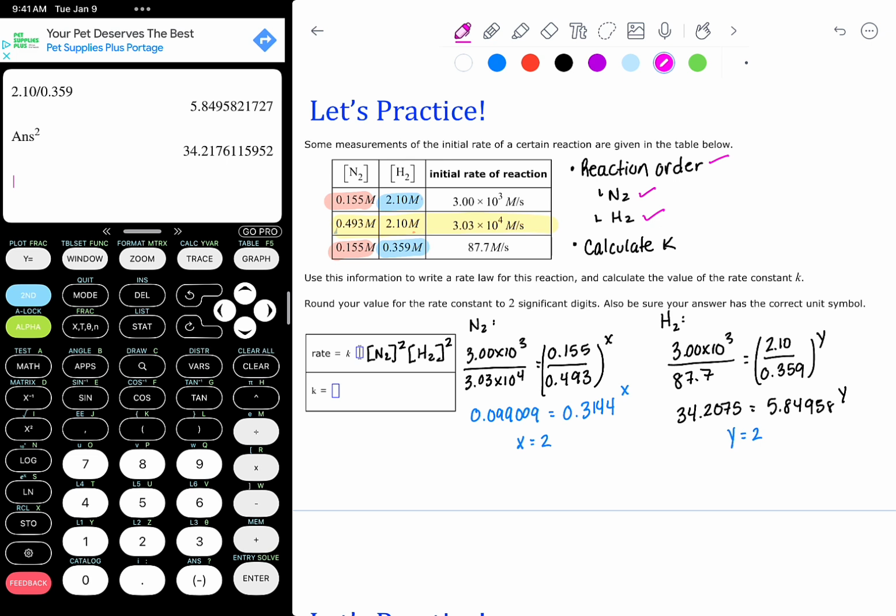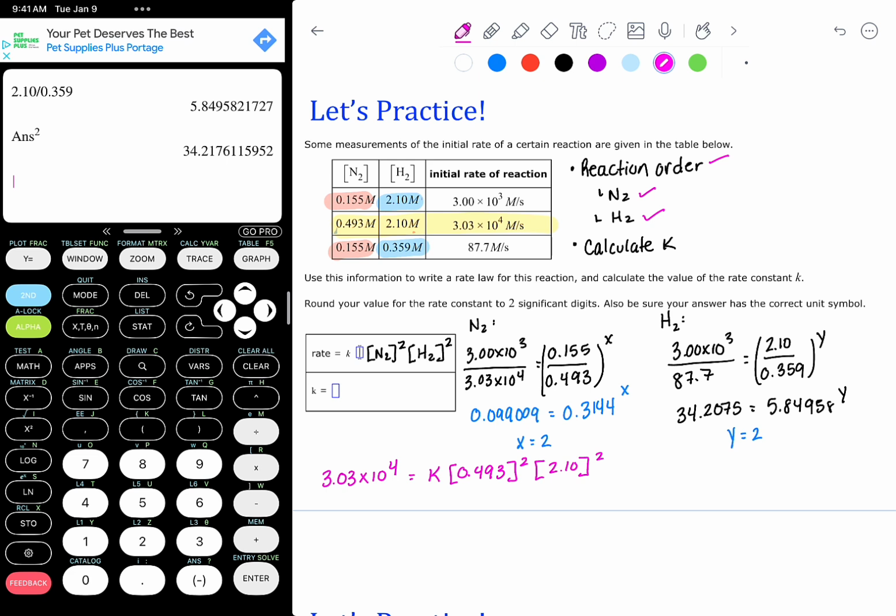So we know the rate. Our rate for the second one is 3.03 times 10 to the 4 is equal to K times the concentration of nitrogen, 0.493, and we're going to square that, times the concentration of H2, 2.10, and we're going to square that as well.